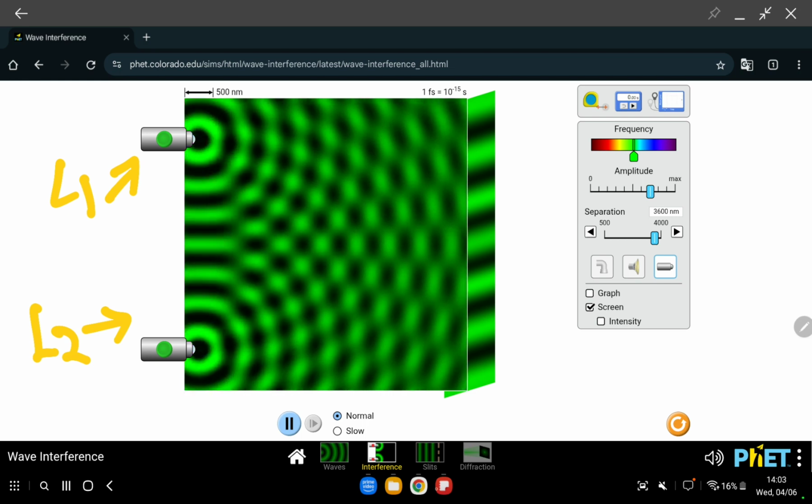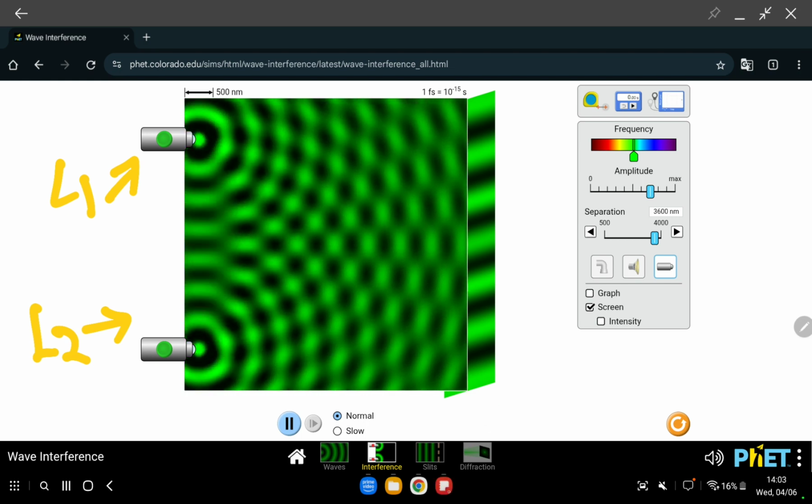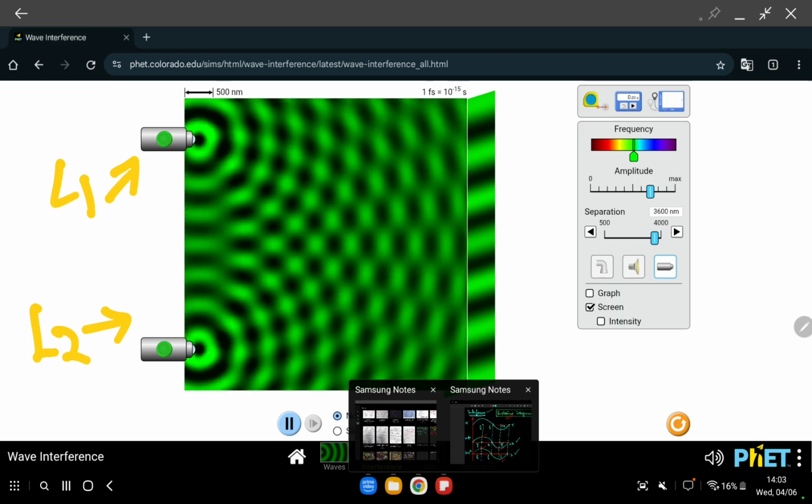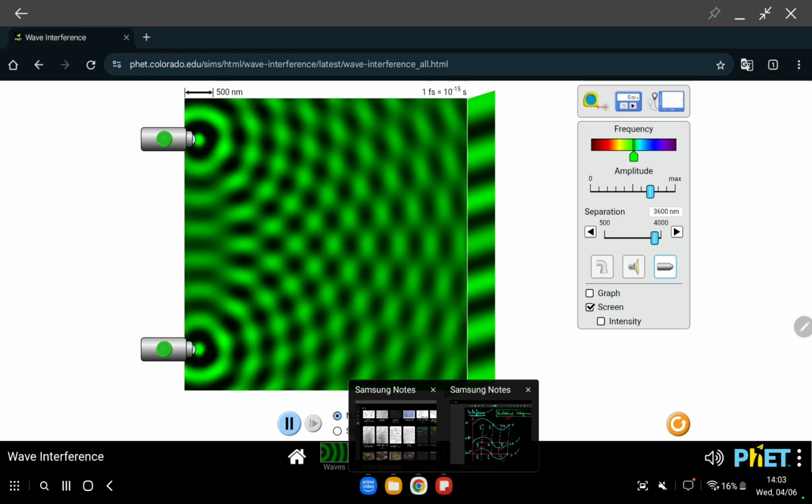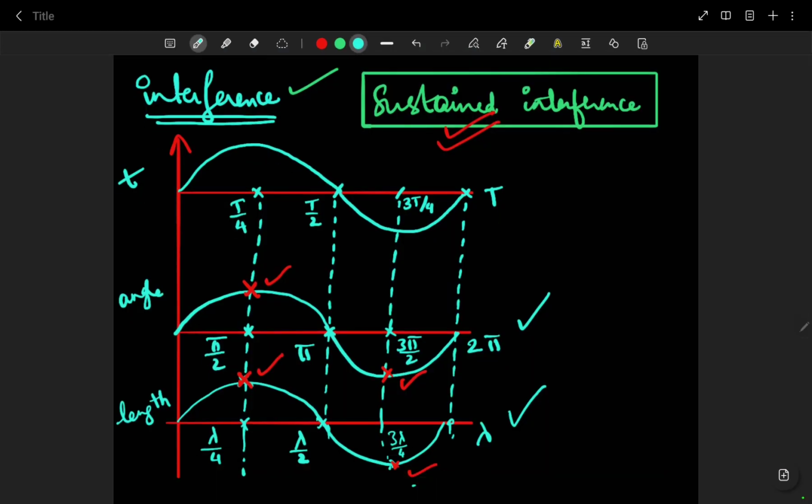So these two light sources are going to have a phase difference of 0. Do they have any sort of distance in terms of crest and trough? No. Here is the crest C1, here is the crest C2, here is the trough T1, and here is the trough T2, right?